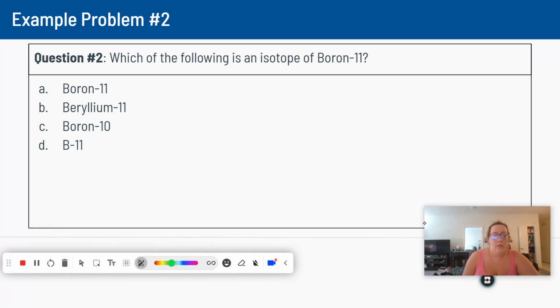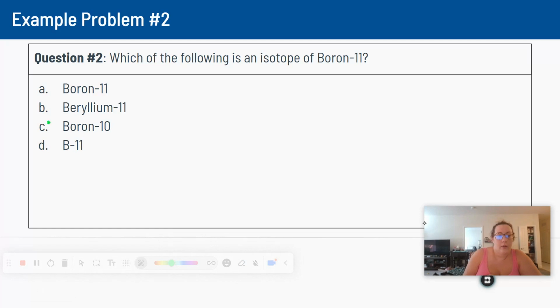So for this question, our answer is going to be C, boron 10, and I'm going to walk through why the other ones are incorrect. So we know an isotope has to be the same element. So if we go through these choices, option B is not the same element. So we can immediately cross that one out. The others are all boron. And then the second part of that is different mass number.